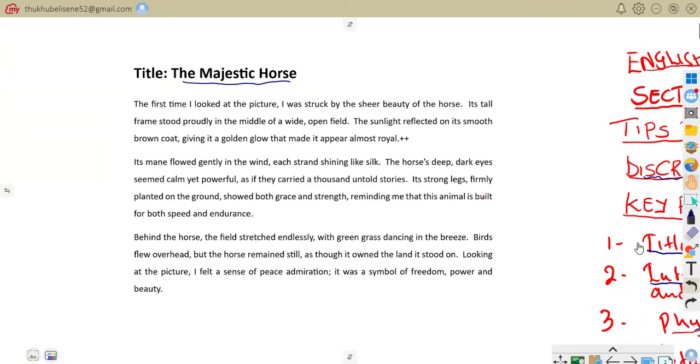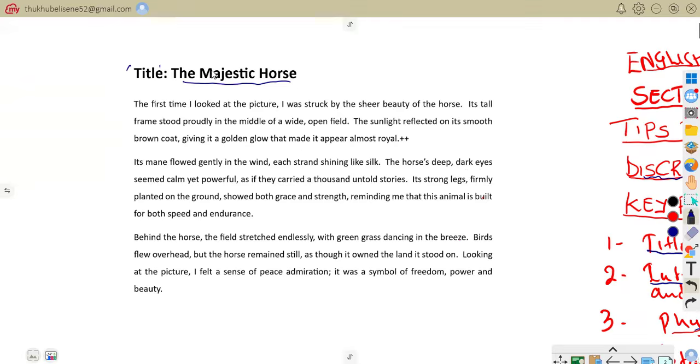So firstly, we talked about a title. We talked about how you are to give your topic a title. Now we said we are going to talk about a horse.